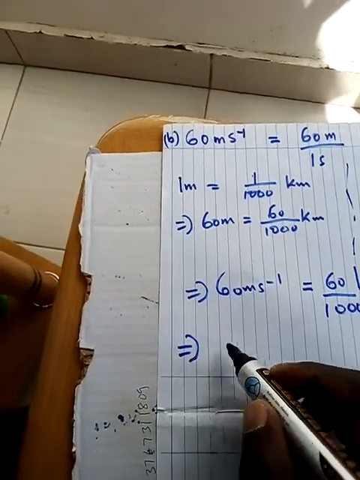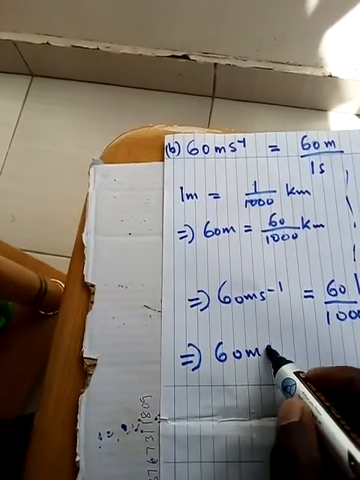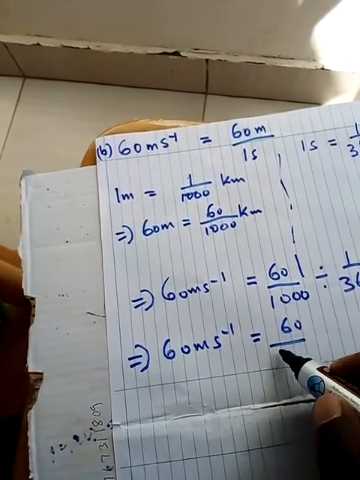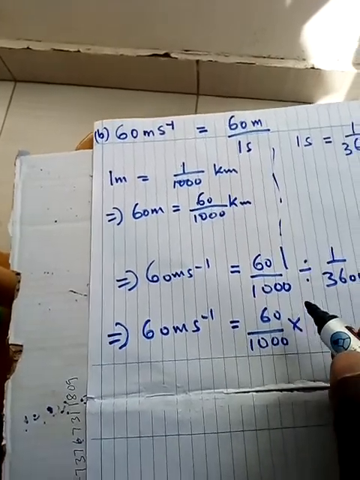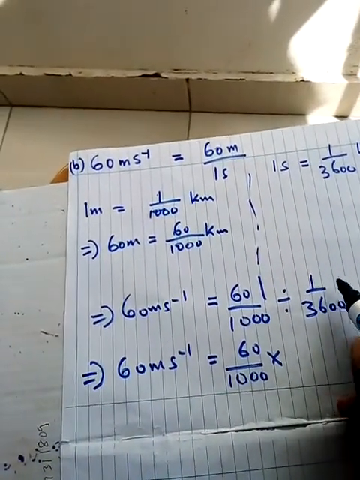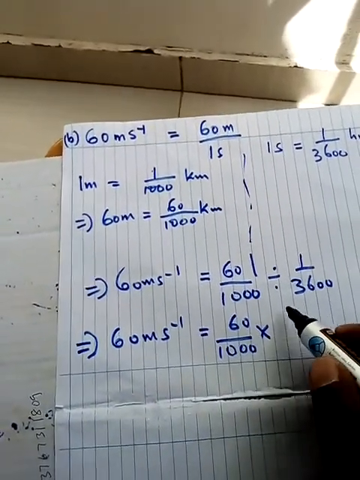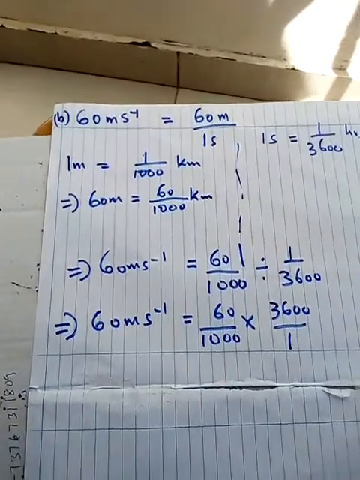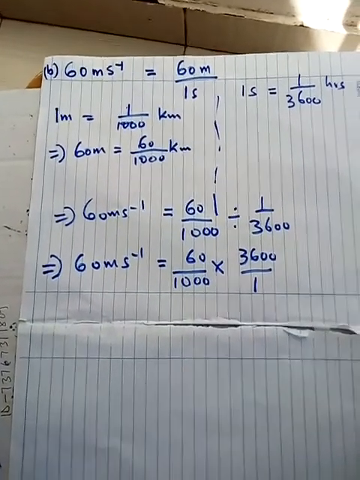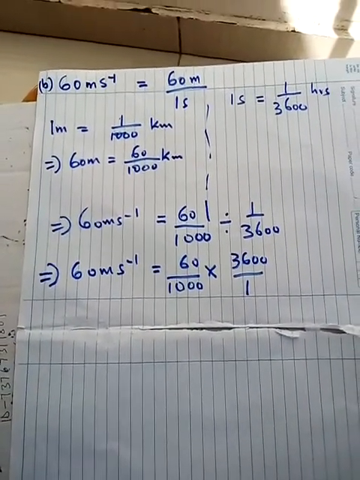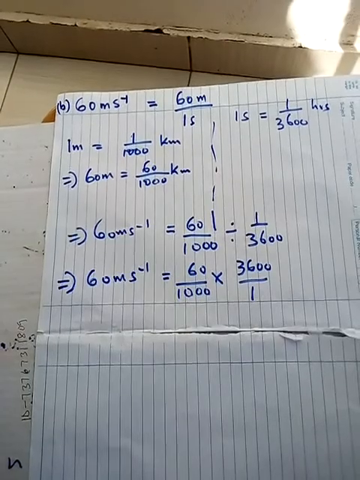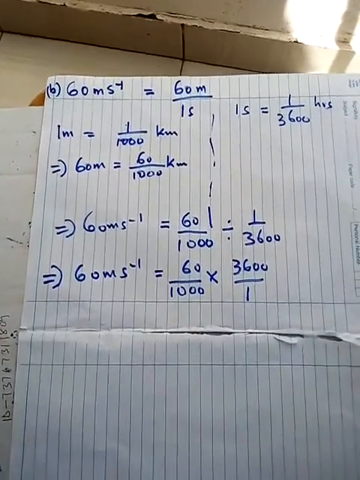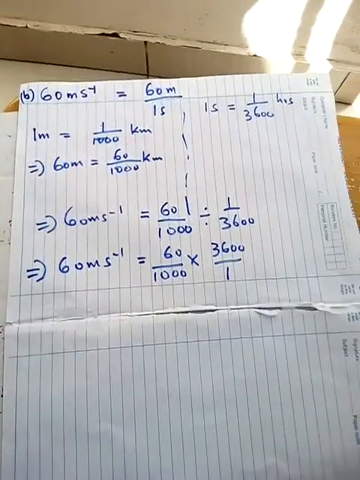So 60 meters per second is equal to 60 out of 1,000 multiplied by the reciprocal, 1 out of 3,600, which becomes 3,600 divided by 1. Make some good multiplication there. What do you get when you make that multiplication properly?